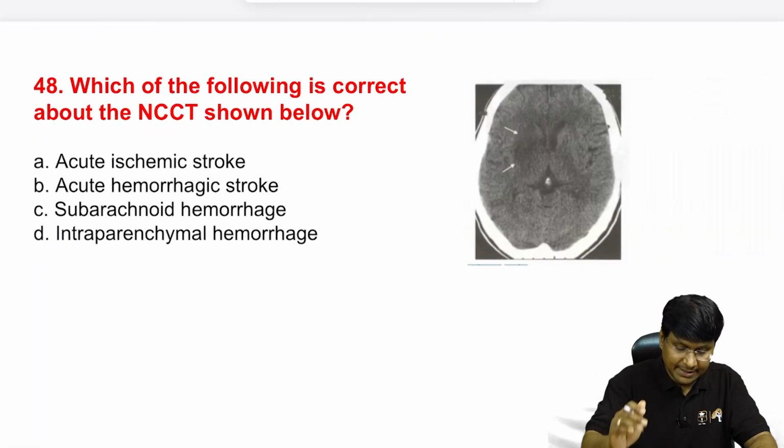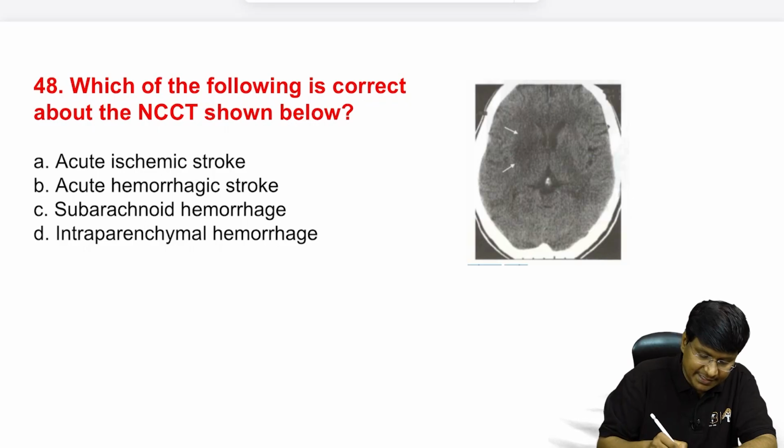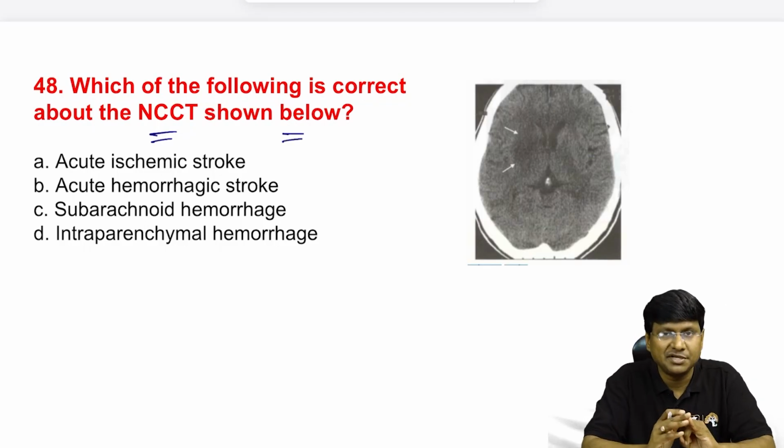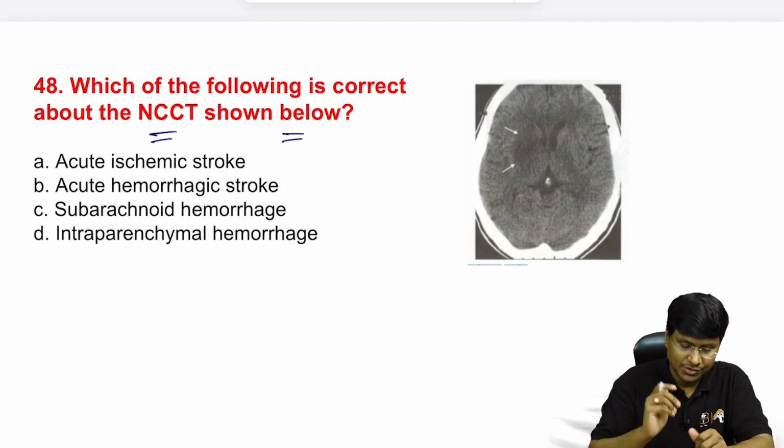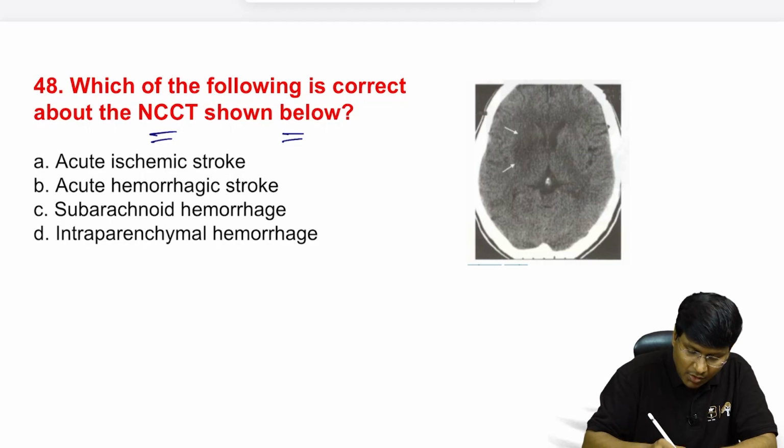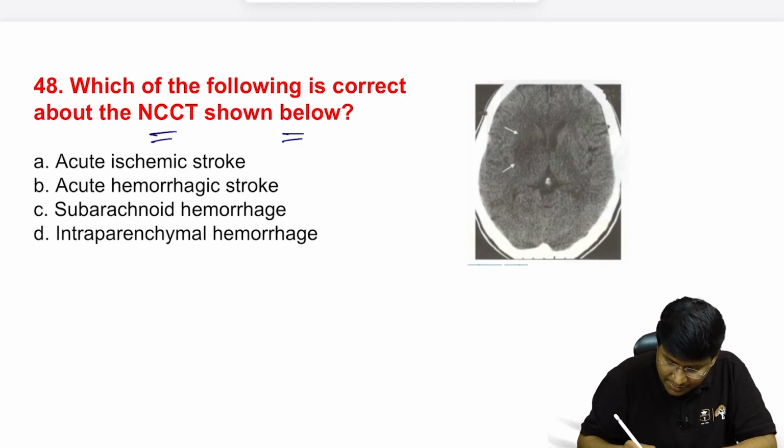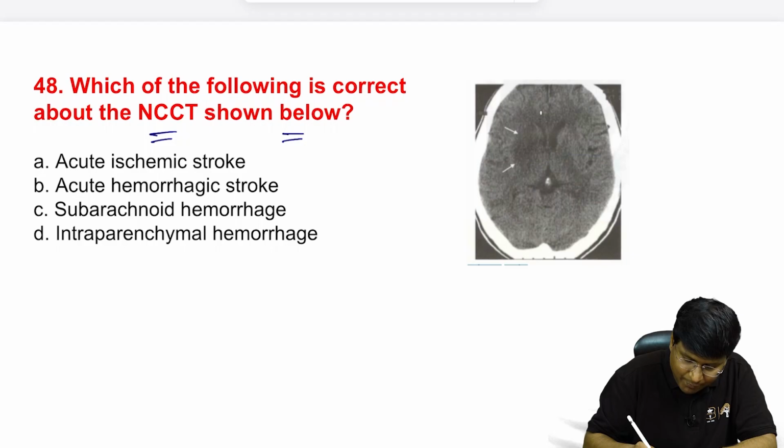Next. Which of the following is correct about the non-contrast CT shown below? Acute ischemic stroke, acute hemorrhagic stroke, subarachnoid hemorrhage, or intraparenchymal hemorrhage. What you are observing here is a hypodense lesion. Let me just zoom this.